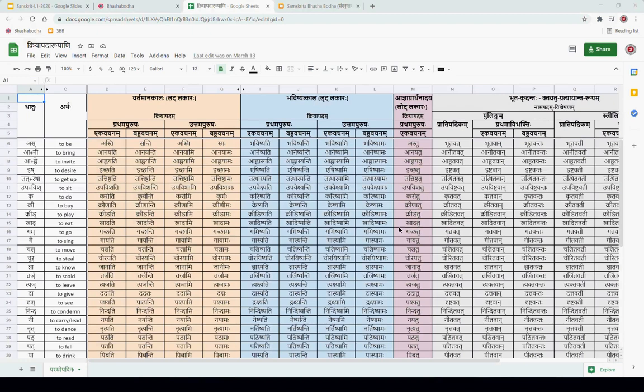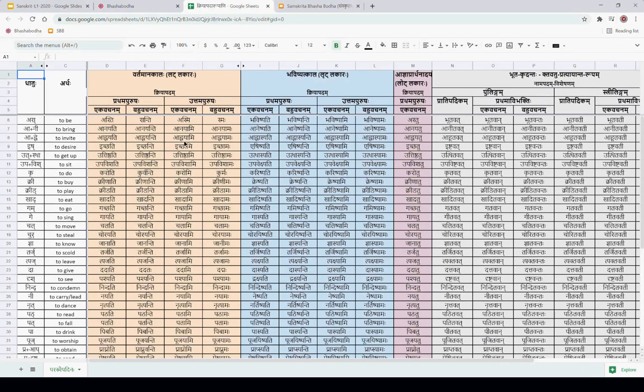This table shows the Dhatu in the first column, its meaning in English in the second column, and Vartamana Kala, as you see on the top here. Prathama Purusha and Uttama Purusha forms are there.